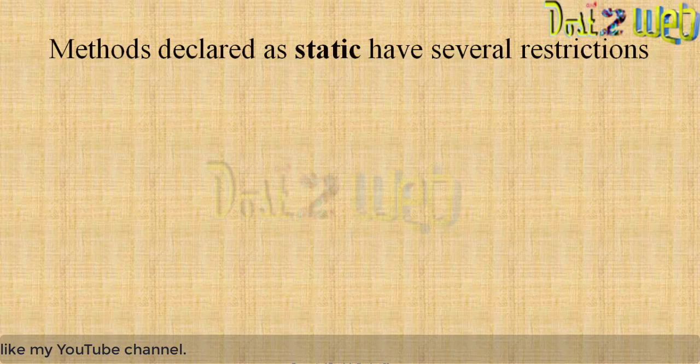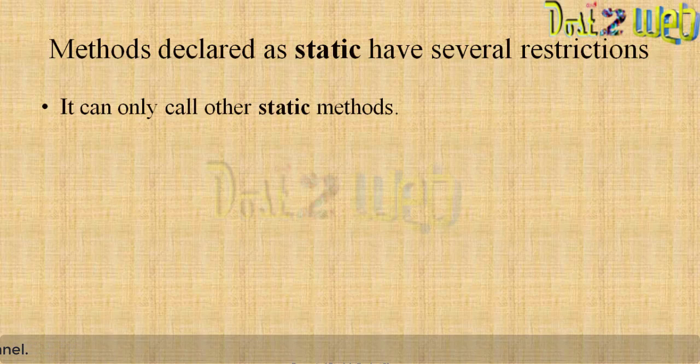What are the restrictions when a method is declared as static? You have certain restrictions. The first is that it can only call other static methods. A static method will call only static methods, not any other method. Remember this point. Second, it must only access static data.